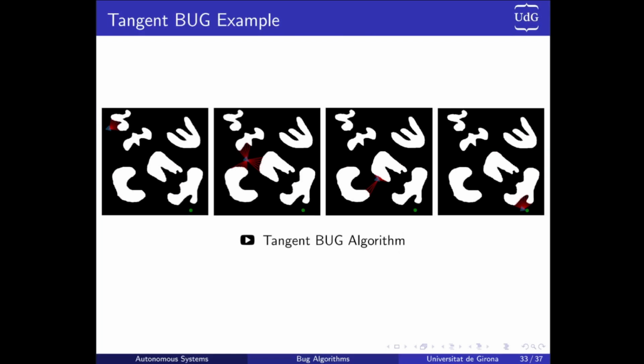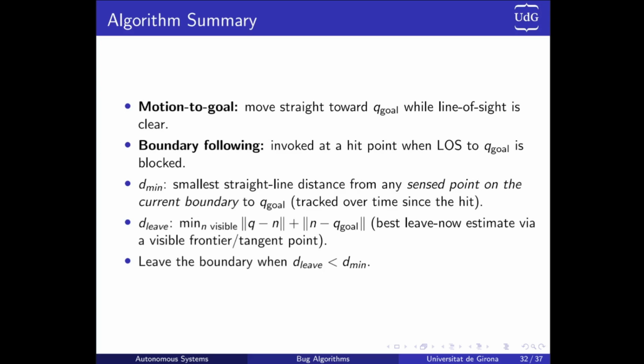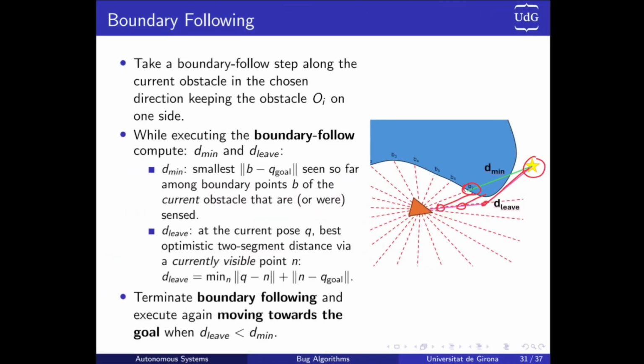I have a question, can you switch to the previous slide? Yeah. If I have an equation here, like the n visible point, how can we, for example, with the robot in this position, determine the visible point n from this, because in the sensor range there is no obstacle, like for the DLEAVE?